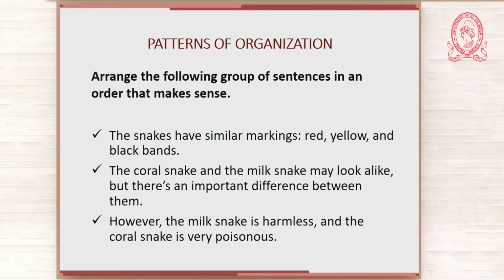The words alike, but, and difference suggest a comparison contrast pattern, as the comparison word similar and the contrast word, however, suggest the other two sentences do, in fact, compare and contrast two things. The snakes have similar markings, red, yellow, and black bands. However, the milk snake is harmless and the coral snake is very poisonous.